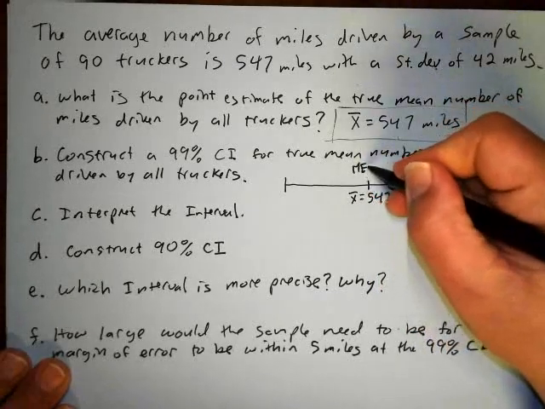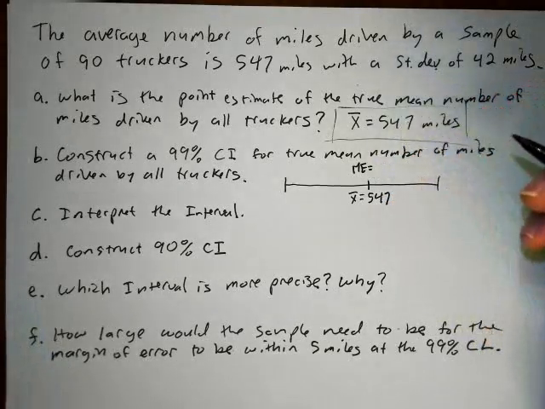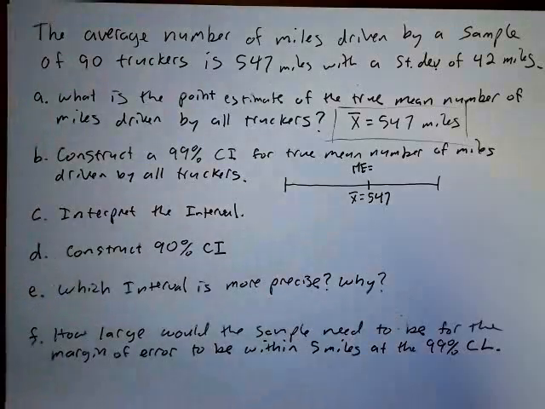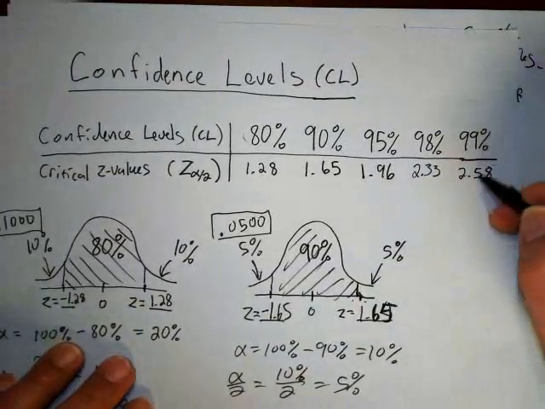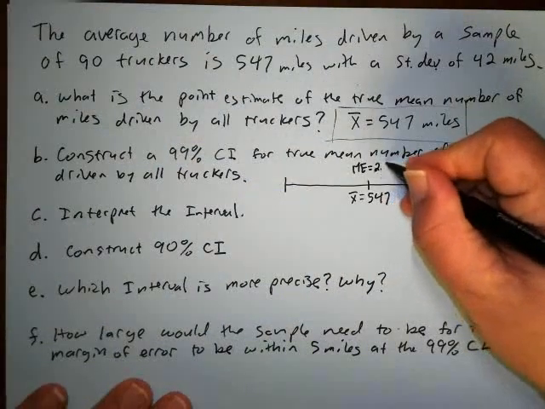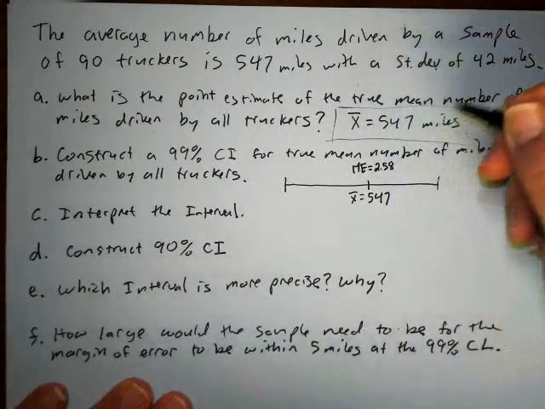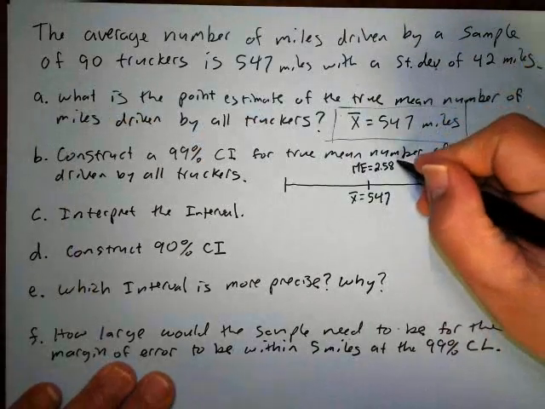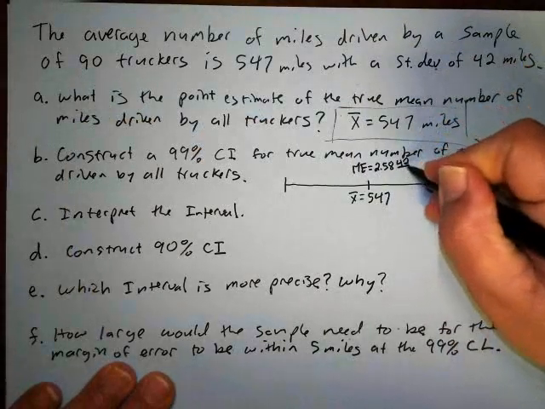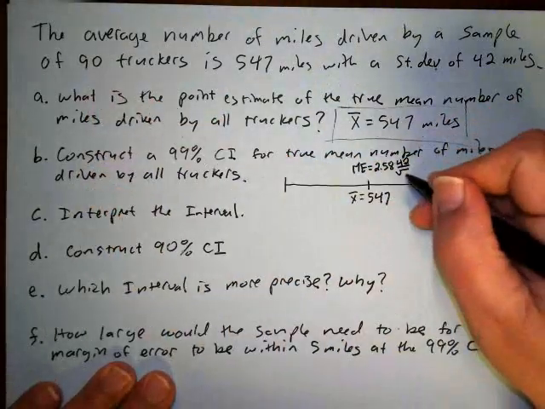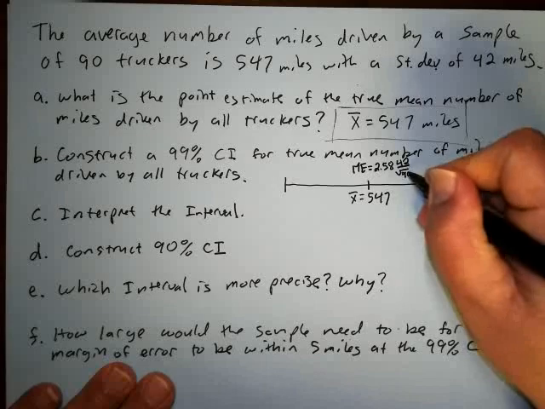For the margin of error, with a 99% confidence interval, if you go back to this table, 99% is 2.58. So we'd have 2.58 times the standard deviation, which is 42, over the square root of n, where n is 90 truckers in our sample.